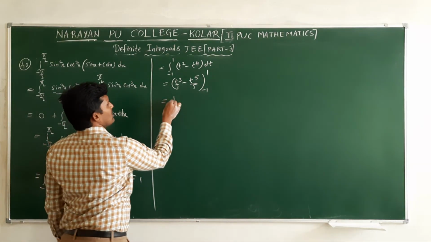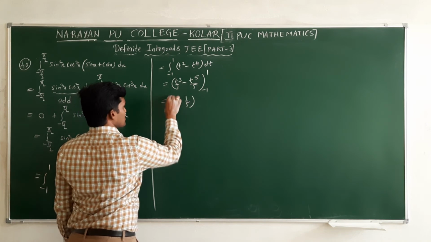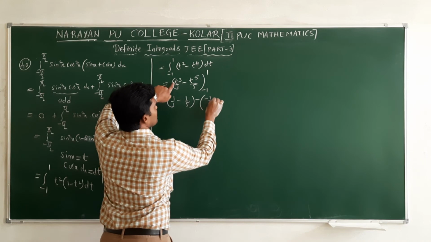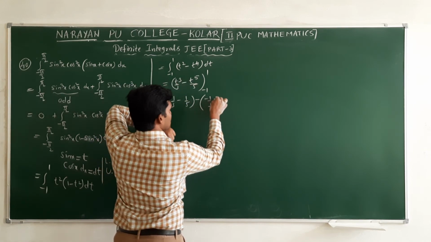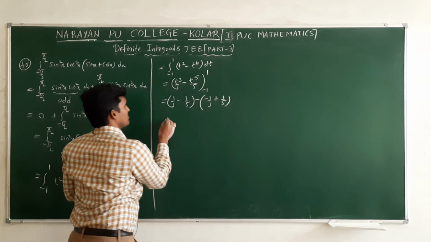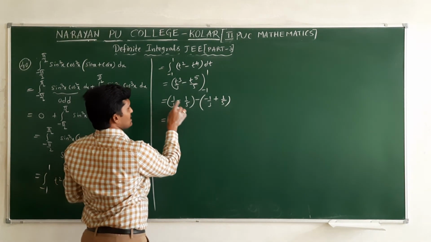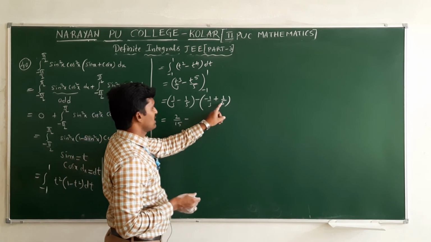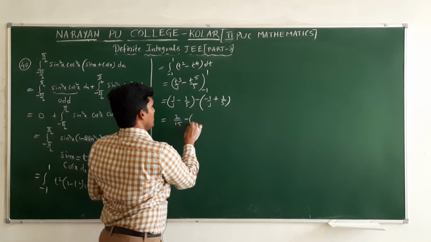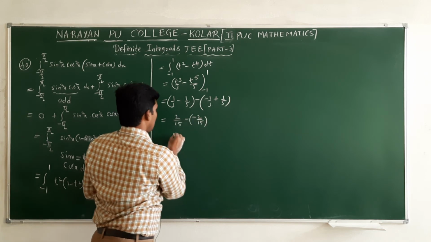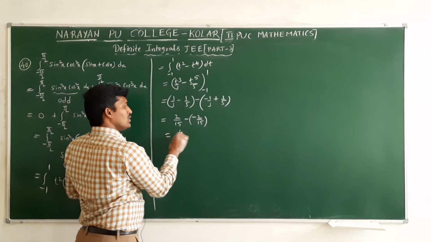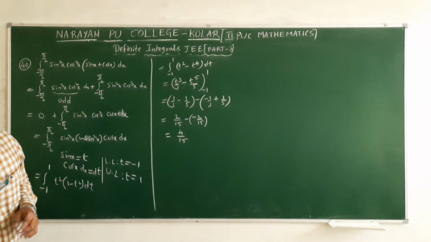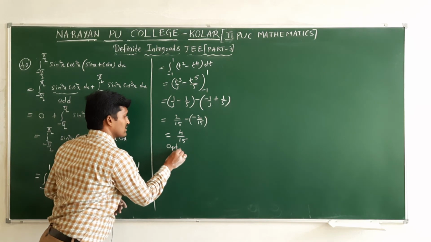Substitute the upper limit: 1 by 3 minus 1 by 5, minus of the lower limit: minus 1 cube by 3 minus minus 1 power 5 by 5. Taking the LCM, 5 minus 3 is 2 by 15. Here also the LCM gives minus 5 plus 3, that is minus 2 by 15. Minus of minus gives plus, 2 plus 2, 4 by LCM 15. The answer is 4 by 15. Option B is the correct one.